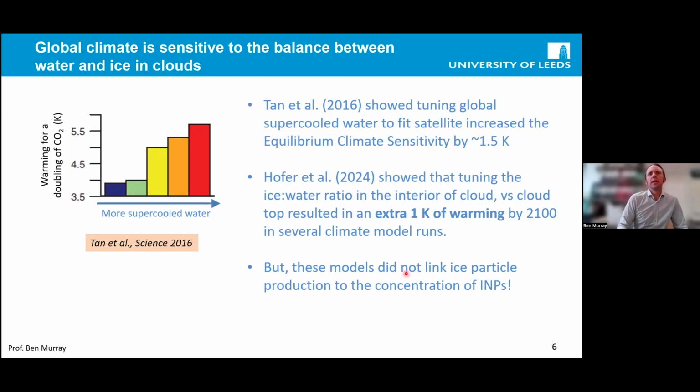But at the moment, most of these models are not linking the amount of ice in these clouds to the concentration of ice nucleating particles or other ice production processes. So certainly in Tan et al., they just tuned the amount of supercooled water and ice to try to get a better fit to now. Whereas ideally we would link that amount of ice to the physical processes producing ice in the first place.